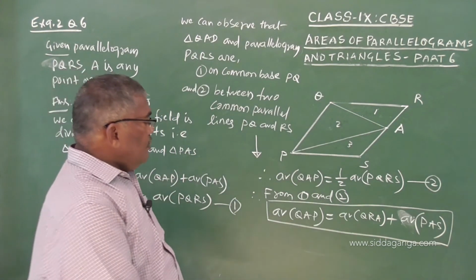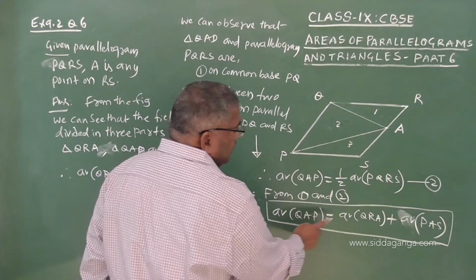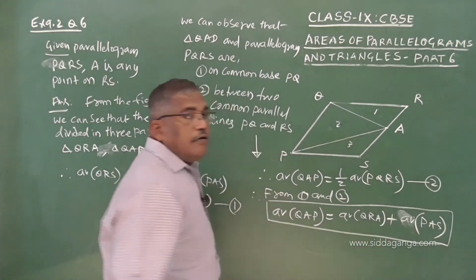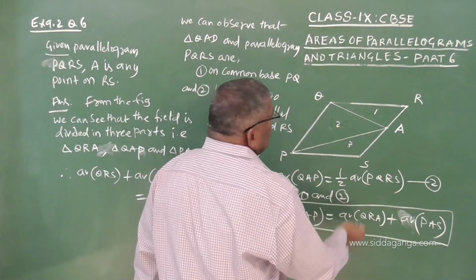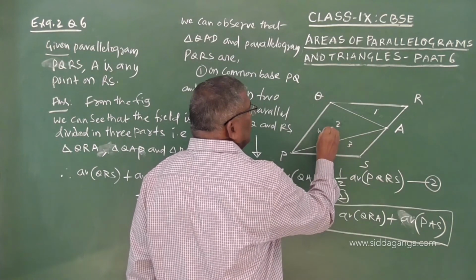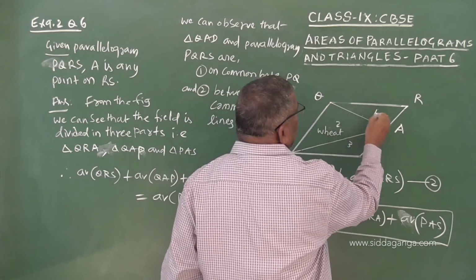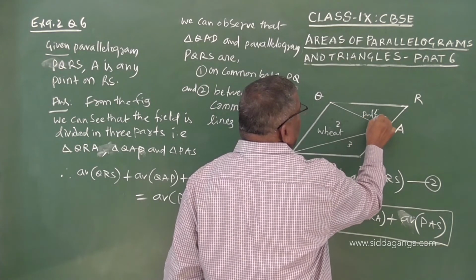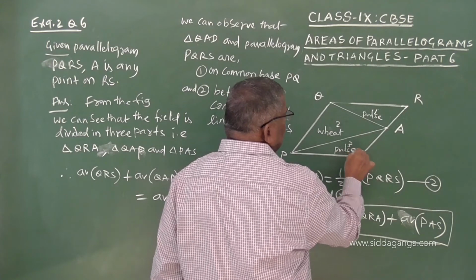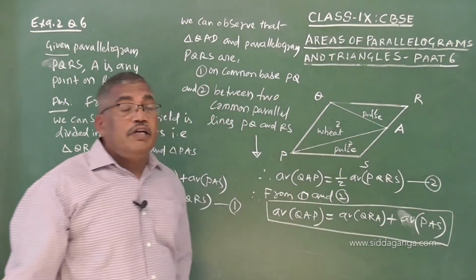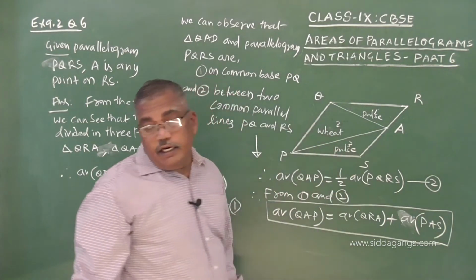So, therefore, the wheat can be sown here, and in these two areas pulses can be sown. Because these two areas total will be equal to the wheat area.